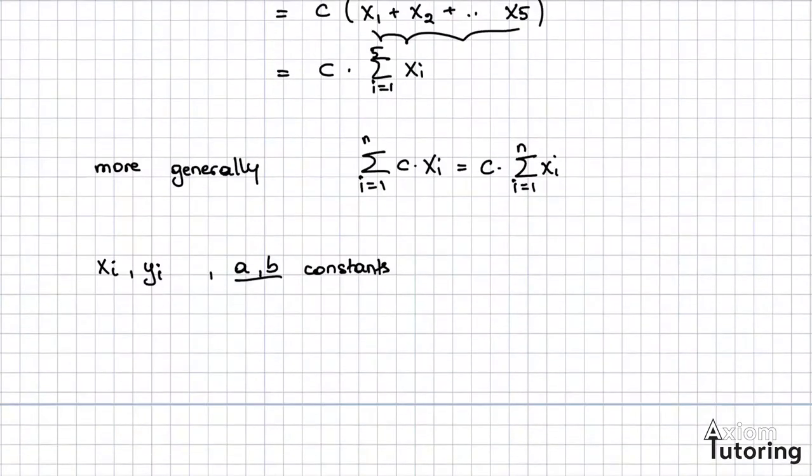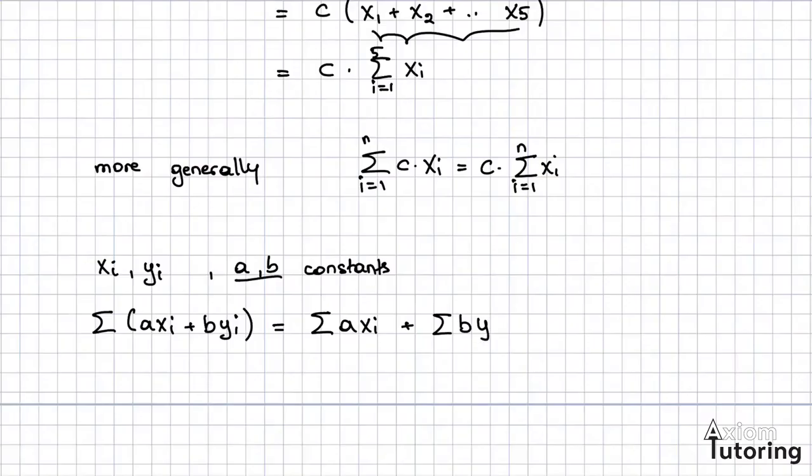What if we had the sum of a xi plus b yi? How do we apply the summation operator in this case? Well, normally, if we want to split it, that would be just the sum of a xi plus the sum of b yi. And let's put 1 to n, 1 to n, 1 to n.